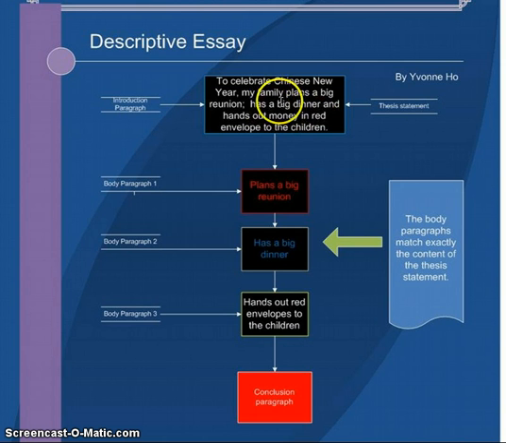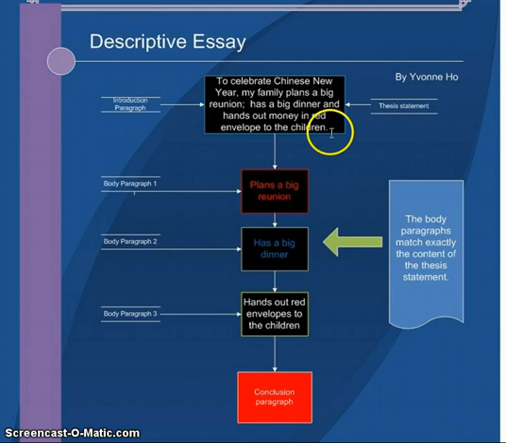So here you have my family plans a big reunion, and then body paragraph 1 has plans a big reunion, and then has a big dinner, and then body paragraph 2 has a big dinner, and hands out money in red envelopes to the children. And then body paragraph 3 hands out red envelopes to the children.